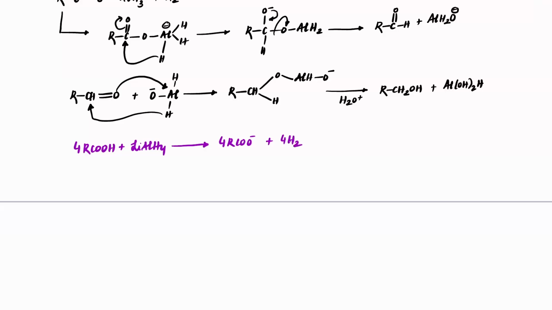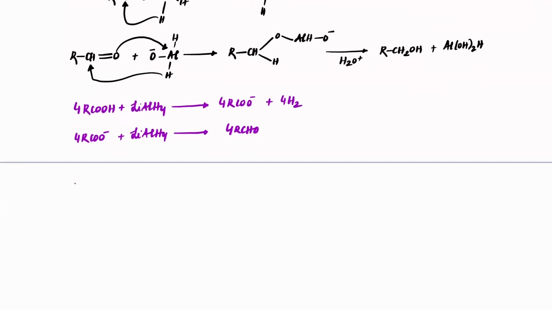Then again 4 moles of RCOO minus, when you react with 1 mole of lithium aluminum hydride, will convert into 4 moles of aldehyde. And again 4 moles of aldehyde, when you react with 1 more mole of lithium aluminum hydride, will eventually form 4 moles of alcohols.